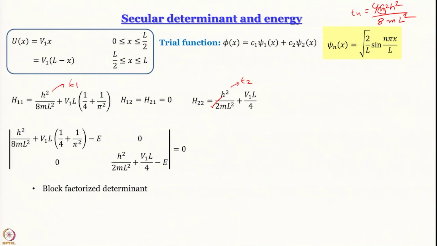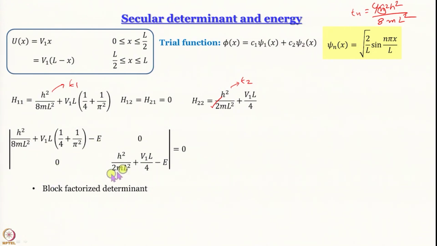So, what happens then is this is H11, this is H22. Ideally you would have to write H11 into H22 minus the off-diagonal terms, but here H11 into H22 equal to 0, that is what we get.